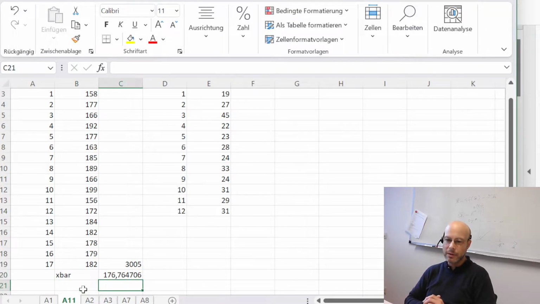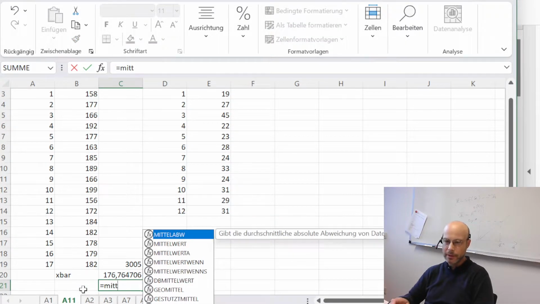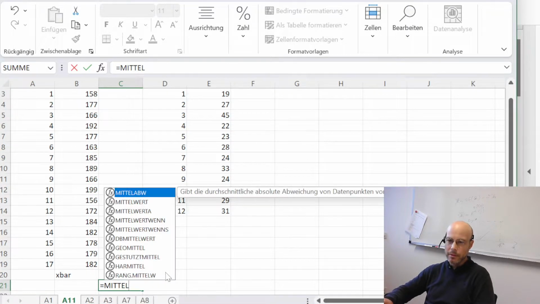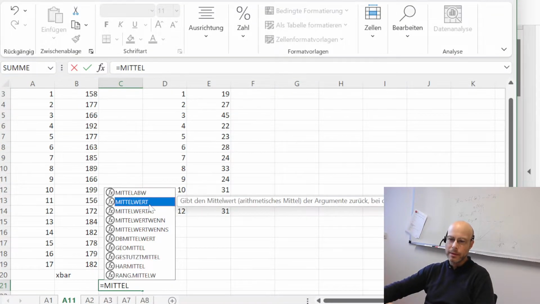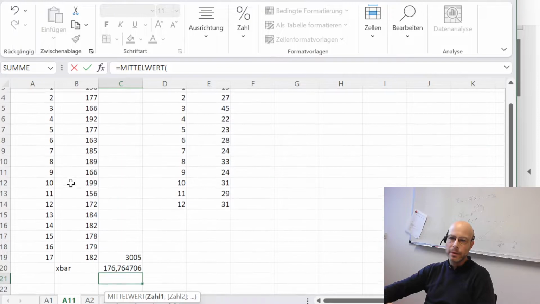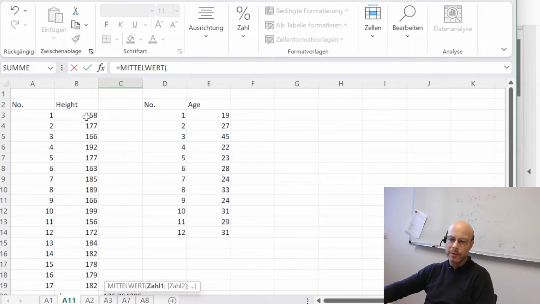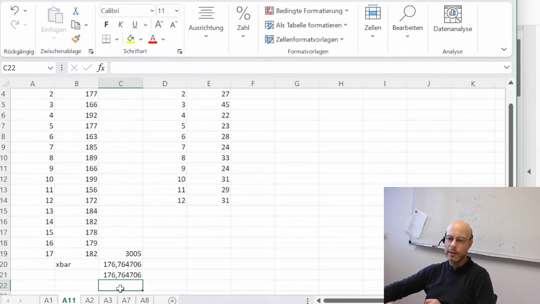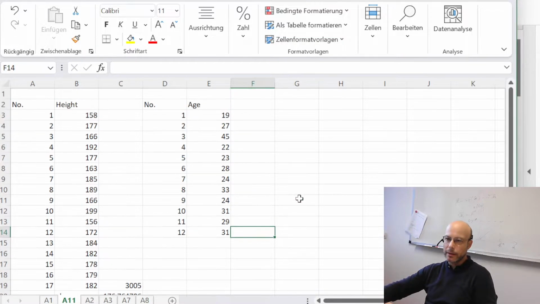But of course we have our software package, and then we can also just use the mean function. If you take this one, we also put all the numbers inside and enter, and hopefully this will be the same, of course. So in the case of h, we are doing the same.